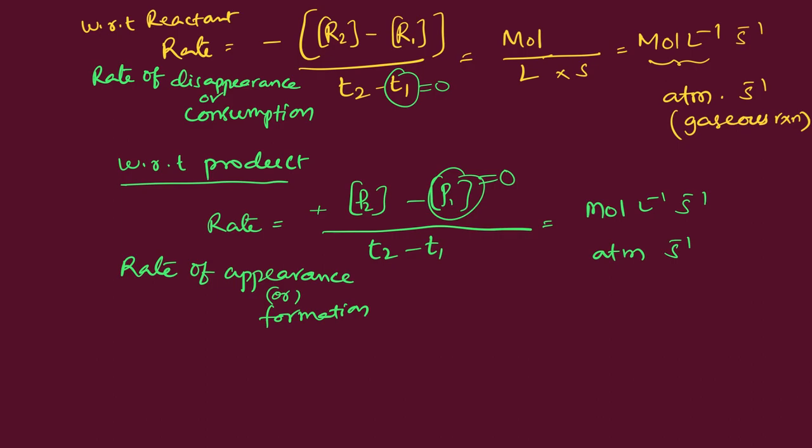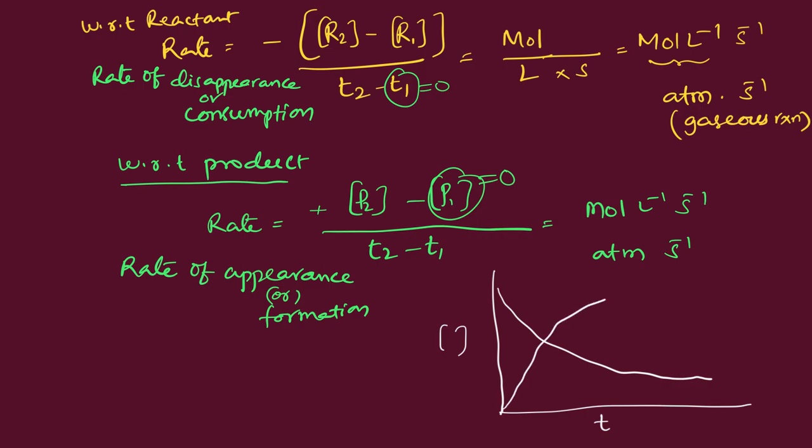This graph is explained here, time and concentration. Reactant concentration generally decreases and product concentration increases. This is for reactant converting into product, 1 mole to 1 mole. That's why the reactant decreases and product increases in equal proportion.